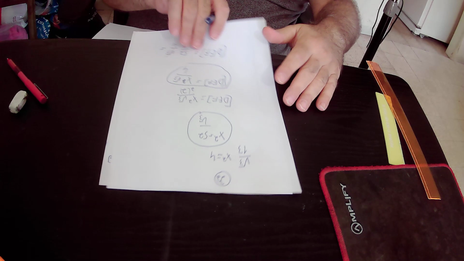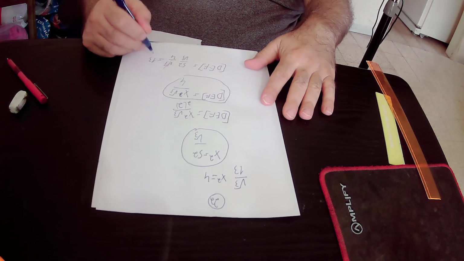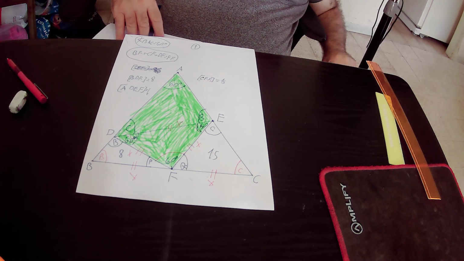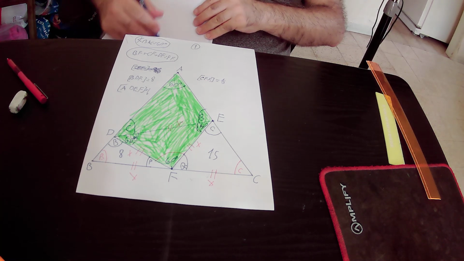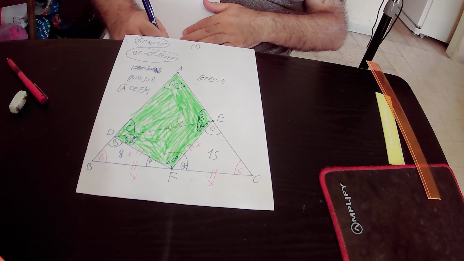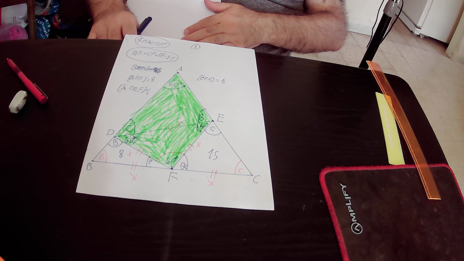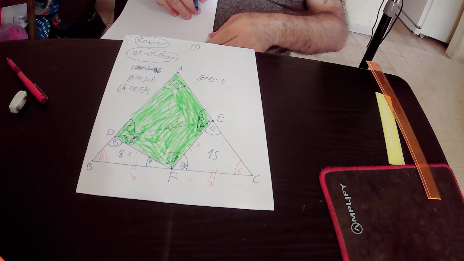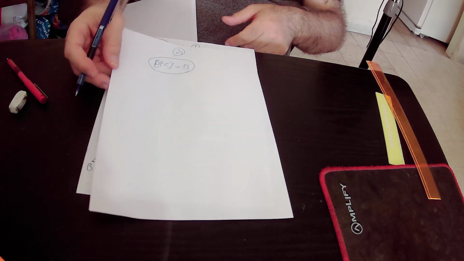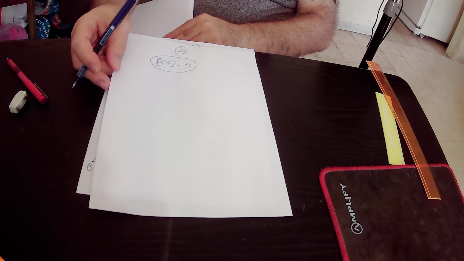So we found out that the area of the equilateral triangle DEF is equal to 13 square units.